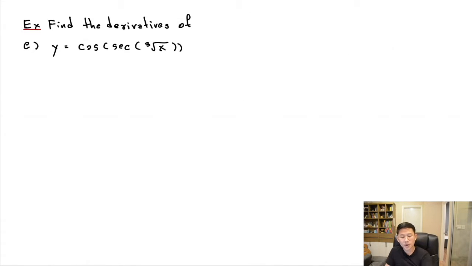Because in the Thai version, I did it in the shortcut way, in the quick way. But I realized that for you guys, you only study calculus 1, right? You don't do calculus 2 and 3. So it's probably better for you to follow the definition.